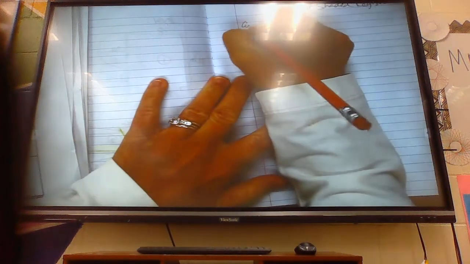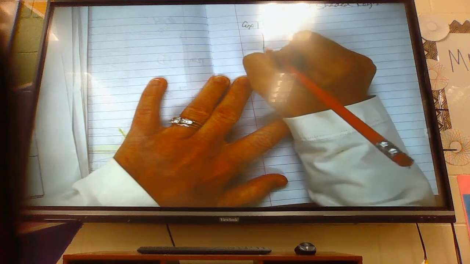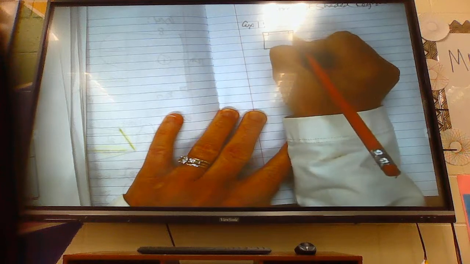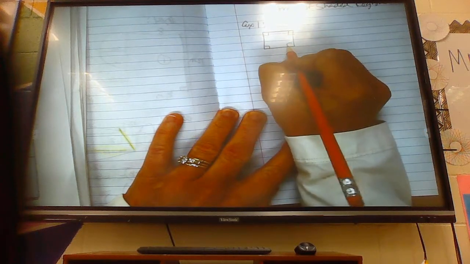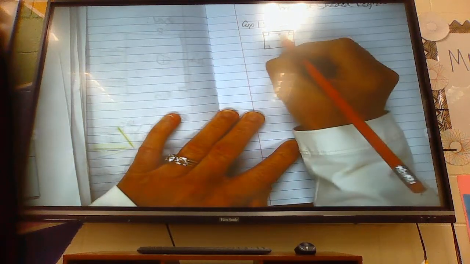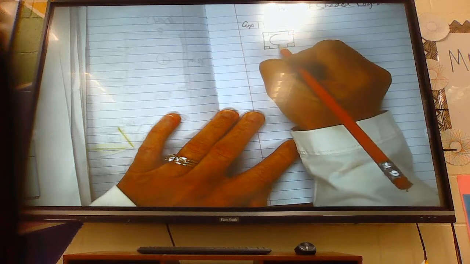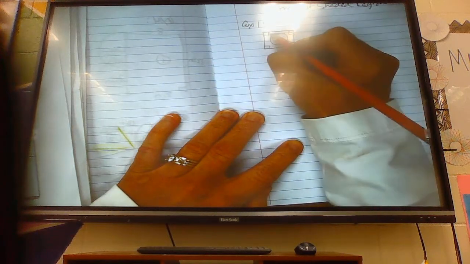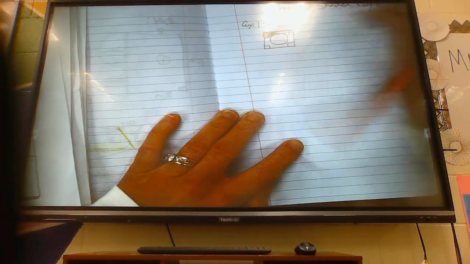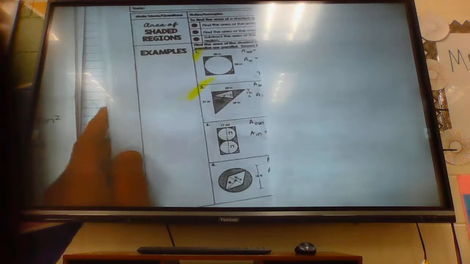All right, so example 1. I'll draw mine, but I'm gonna give you what it really should look like, 'cause you know I don't draw very good.